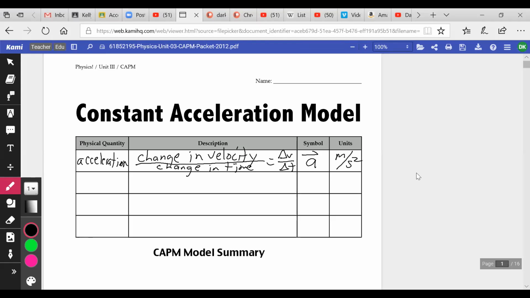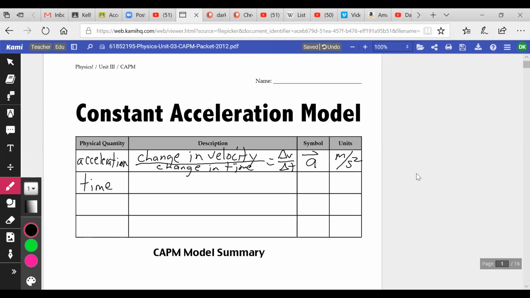Time, seconds. Yeah, we can also measure time, of course, because we had position time graphs, and definitely we can look at time as another physical quantity.